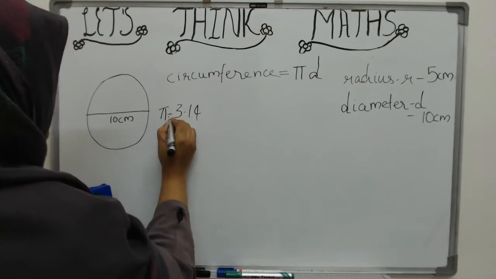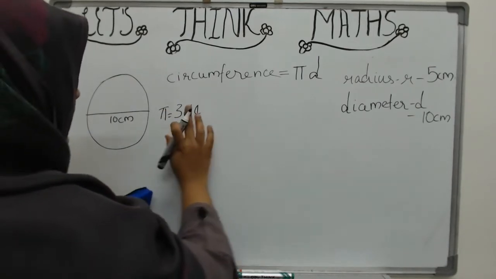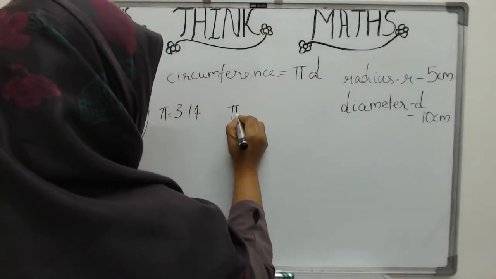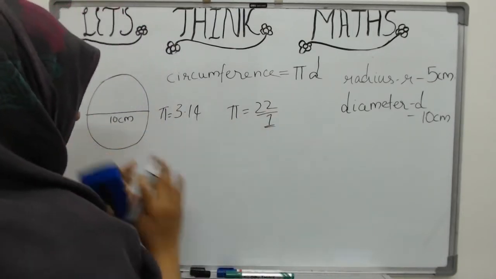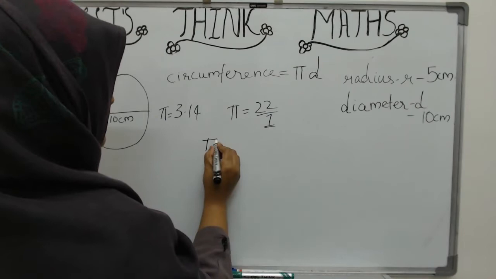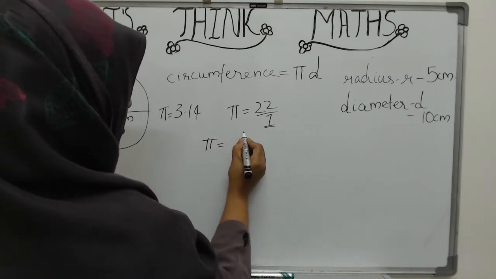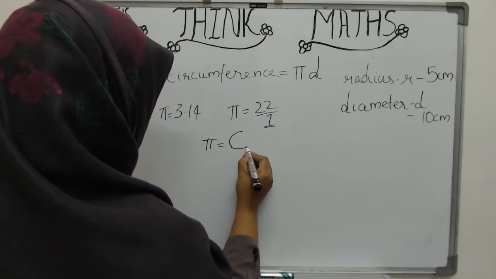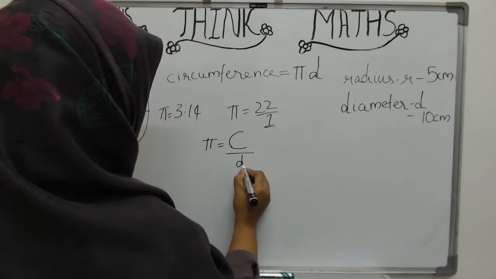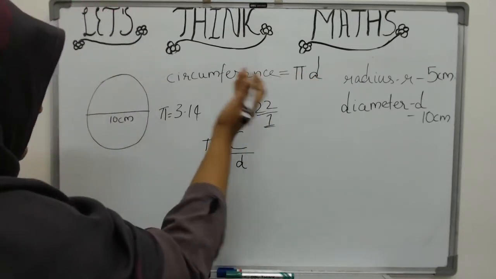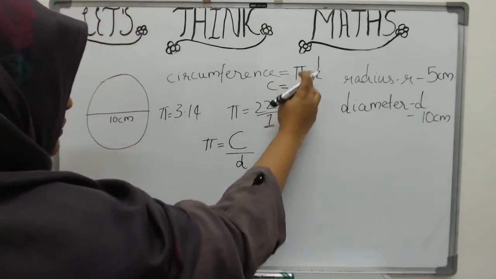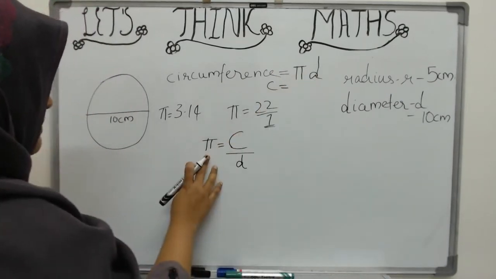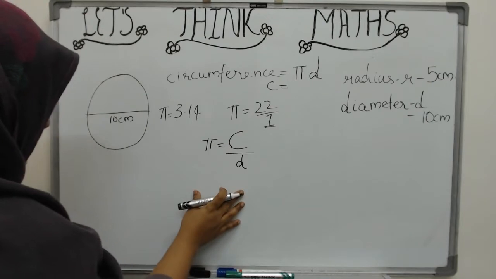So, pi is equal to 3.14, and as a fraction, it is written as 22 by 7. Or mathematically, pi is defined as the ratio of the circumference of a circle to its diameter. Now, from this, if you put circumference as c, then c is equal to pi d, or in other words, pi is equal to c by d.